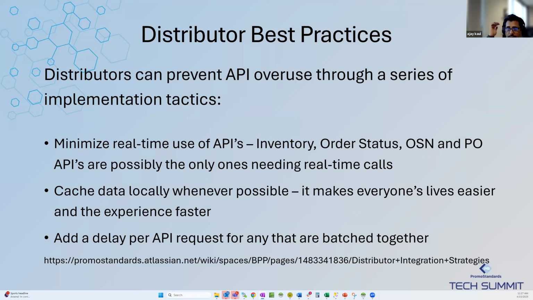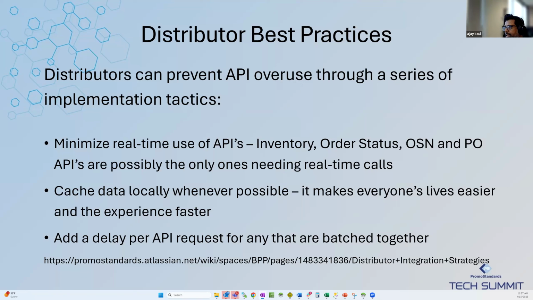Also, plan to keep the order status calls to 2 to 3 times a day for an individual PO. Again, I will take the example of SanMar. We ship the orders the same day before the cutoff time, and the status doesn't change that often. So from our perspective, we say call 2 to 3 times a day for a PO, and you will most likely get the most up-to-date status.